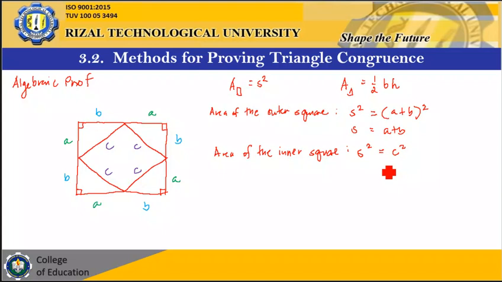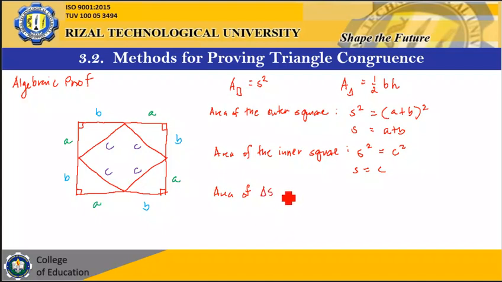Okay? And we know that the side is equal to C. Now, let's also find the area of the triangles.